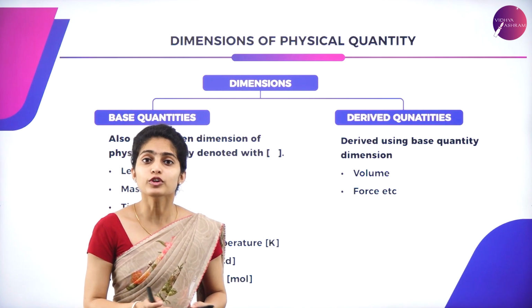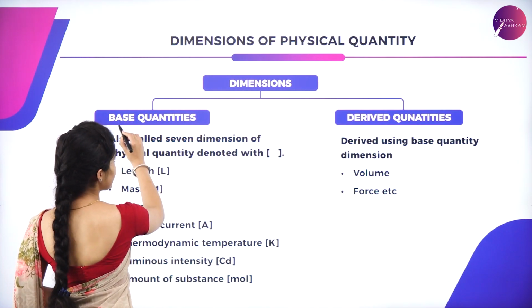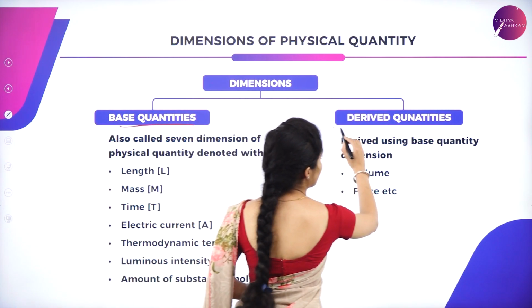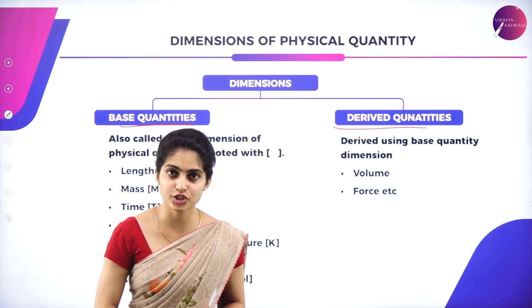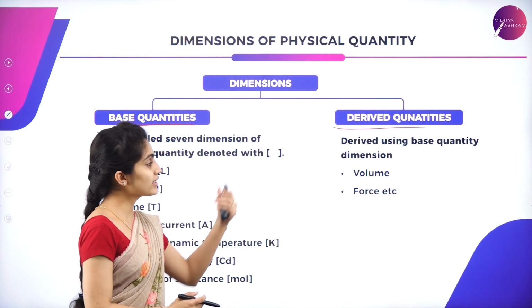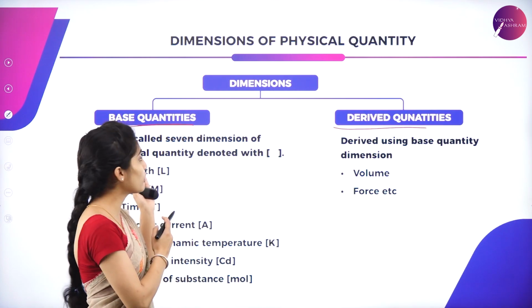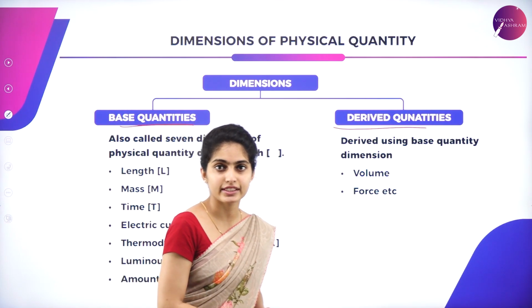There are two types of dimensions: the dimensions for base quantities and the dimensions for derived quantities.